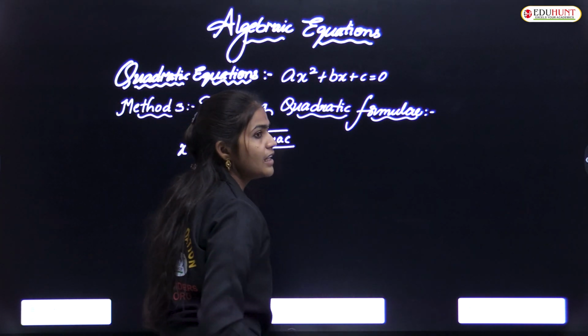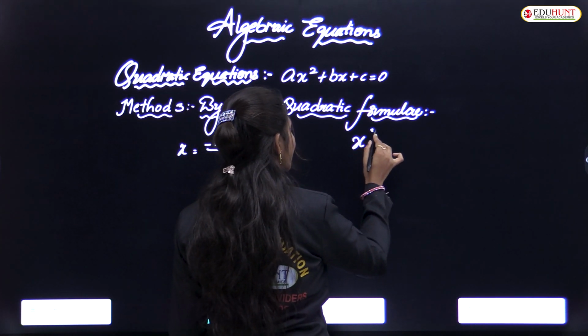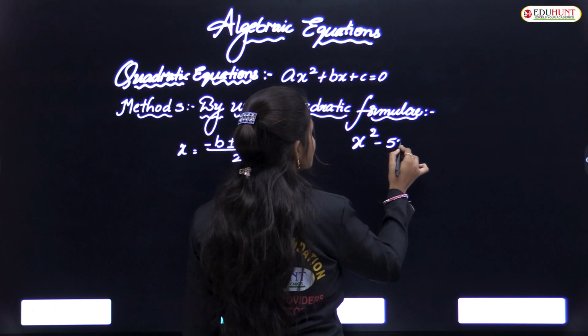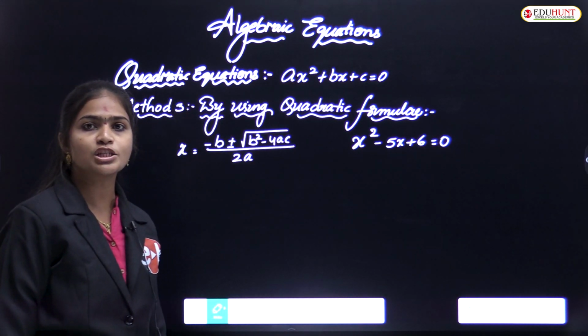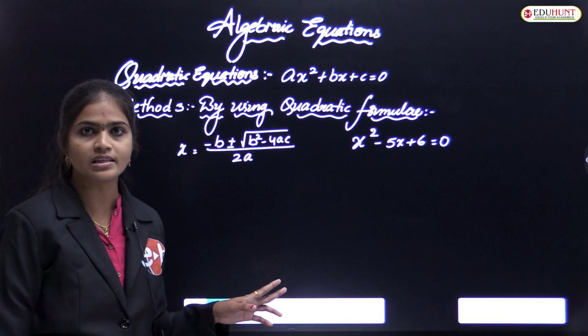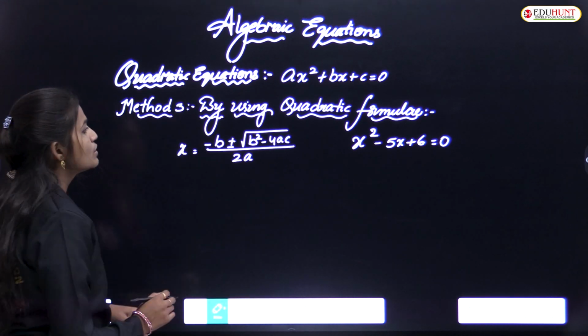In the factorization method, I took one example, and the same example I am taking here: x square minus 5x plus 6 is equal to 0. By using the factorization method, we got 2 and 3 as roots. Let us see if we get 2 and 3 here too.